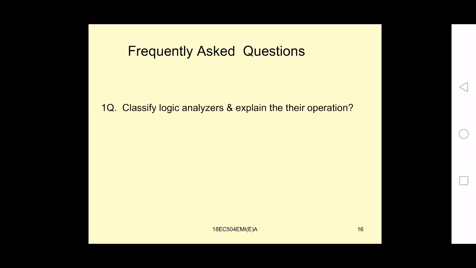Frequently asked questions are: classify logic analyzers and explain their operations, and you can have 1 mark questions like what is a logic analyzer and what is the difference between logic analyzers and oscilloscopes. If it is asked for 1 mark, you can write: logic state analyzer is digital mode, oscilloscope is analog mode.